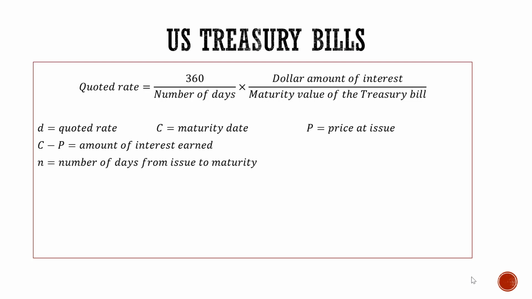N is the number of days from issue to maturity. So D is 360 over N times (C minus P) over C. And we can derive for P: P is (1 minus ND over 360) times C.